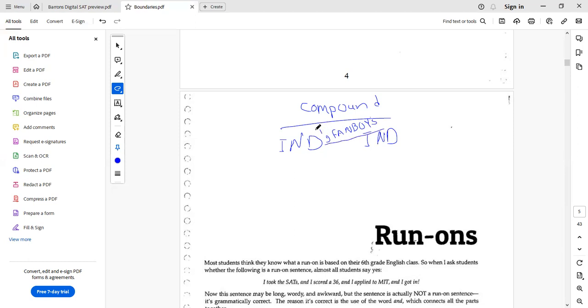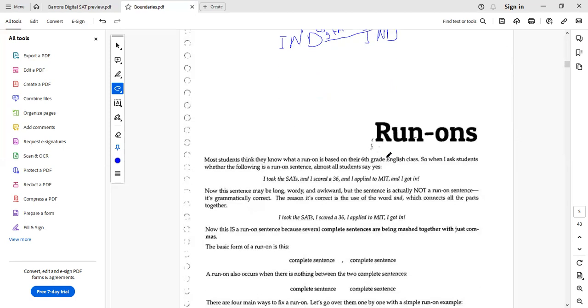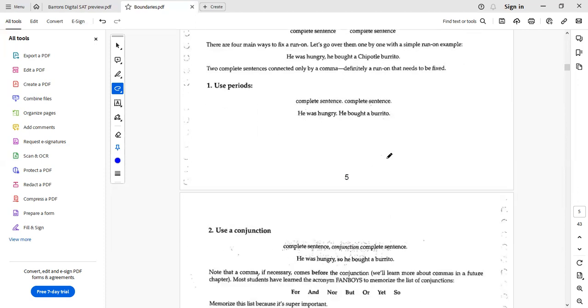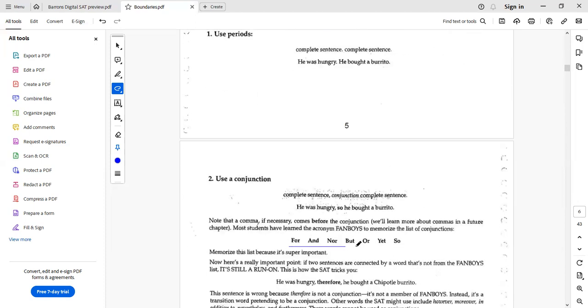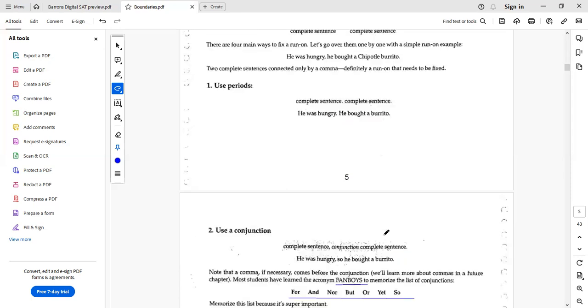That's number one between them. Again, if you want to know about the fanboys, they are written here on page 6.